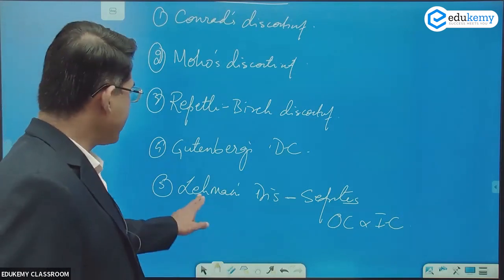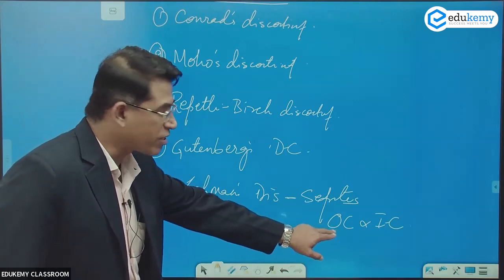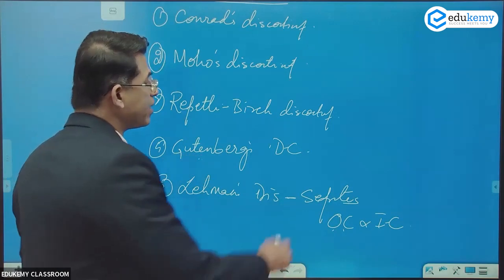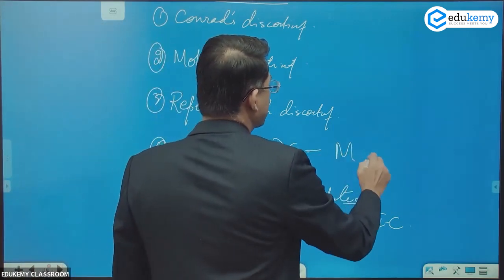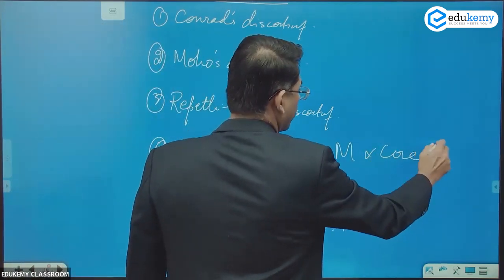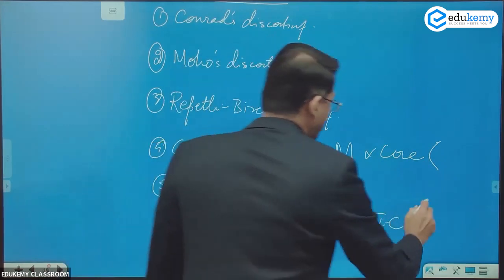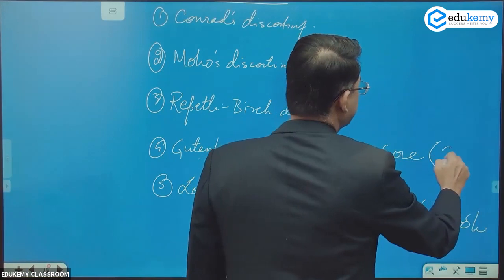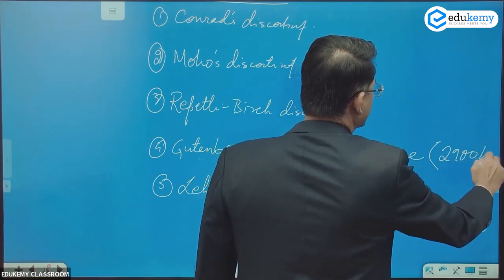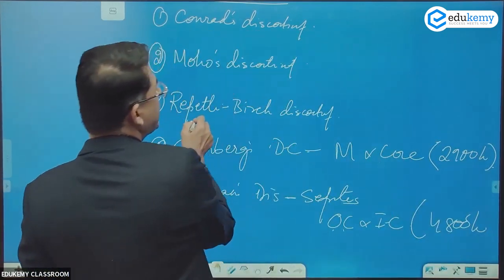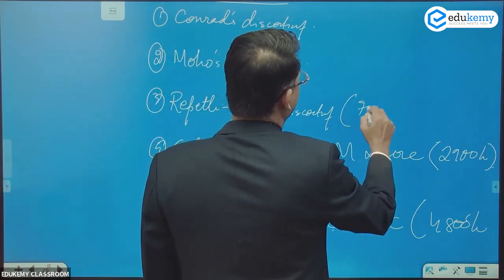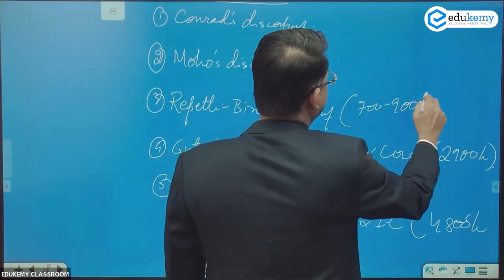So Lehman is between outer core and inner core. Gutenberg is between the mantle and the core. This will be at a depth of 4800 kilometers. This will be at a depth of 2900 kilometers. Repetle or Birch is at around 700 to 900 kilometers.